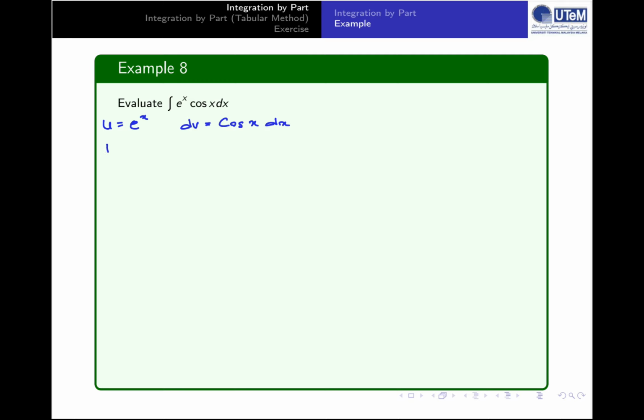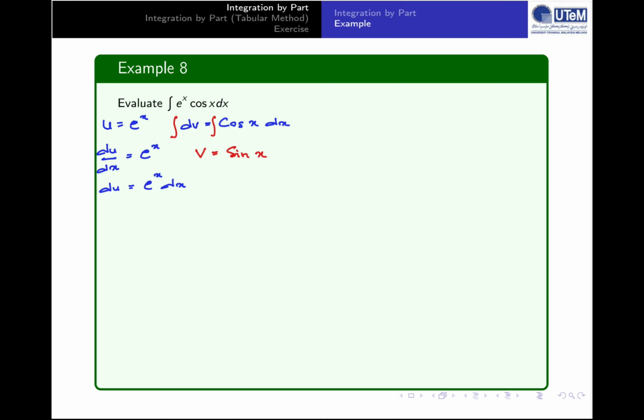So you differentiate, du/dx equals e^x, therefore du equals e^x dx. And this one we need to integrate. We get v equal to the integral of cos x, equal to sin x.